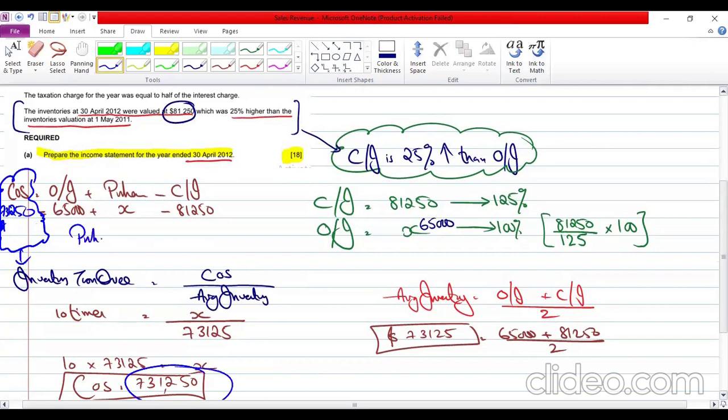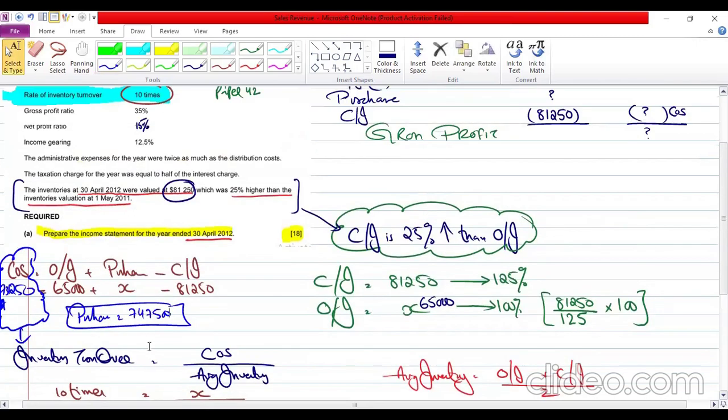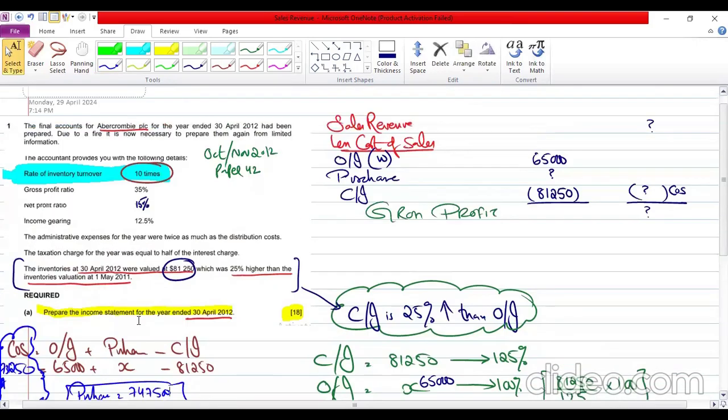Can you tell me what the purchases are? Opening is going to be deducted, going to the other side, and closing is going to the other side, plus. So purchases are 747,500. Very nice. Now what we calculated here, let's put it in the main statement, the income statement.